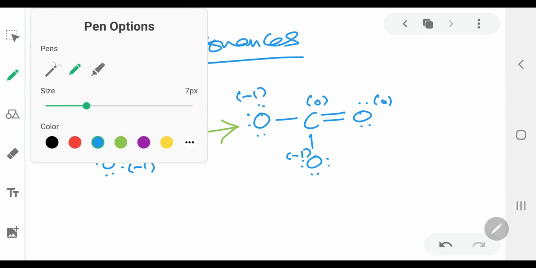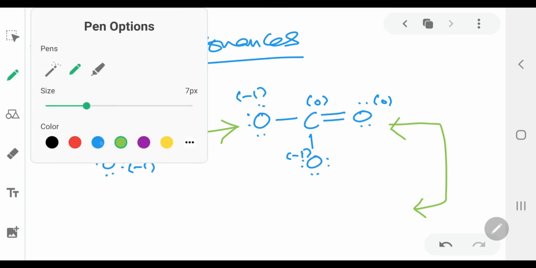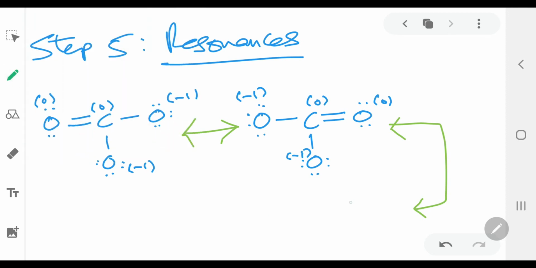And then the third resonance for this is, the double bond will go right there. This is -1 formal charge, -1, 0, and 0. So that is how you're going to draw the resonances.